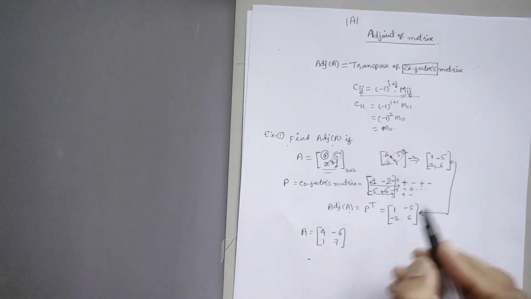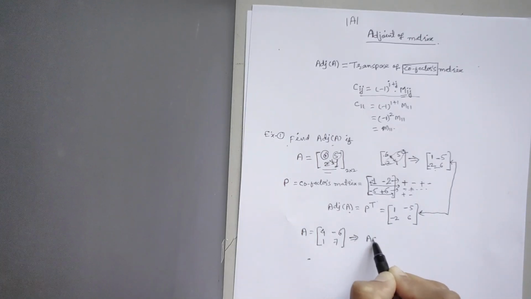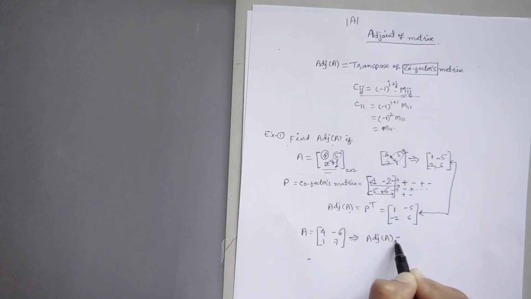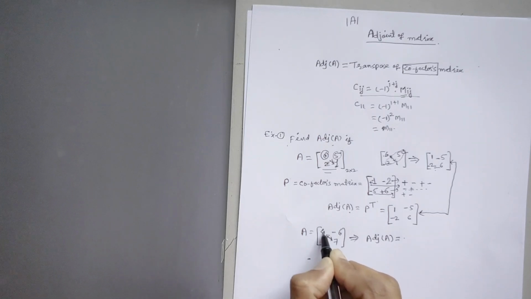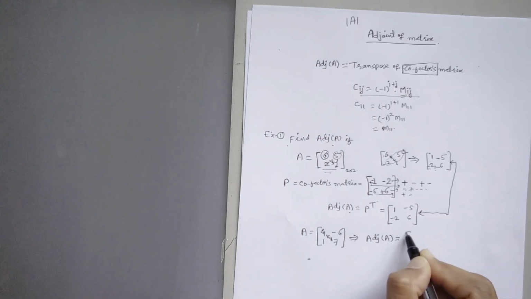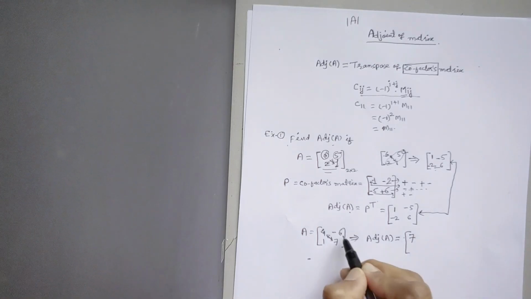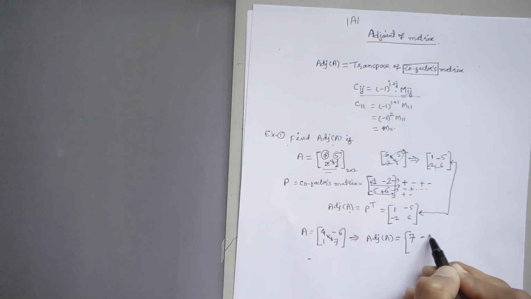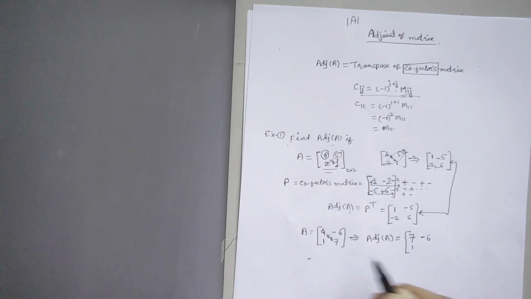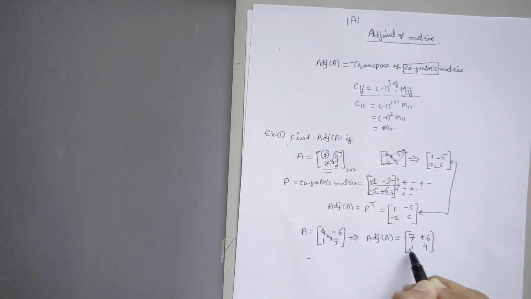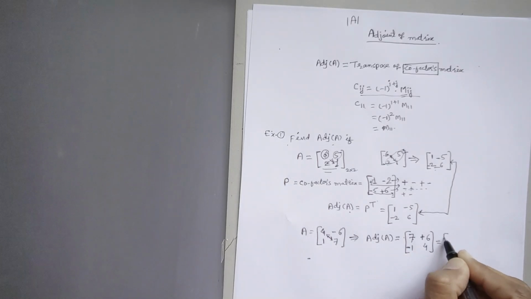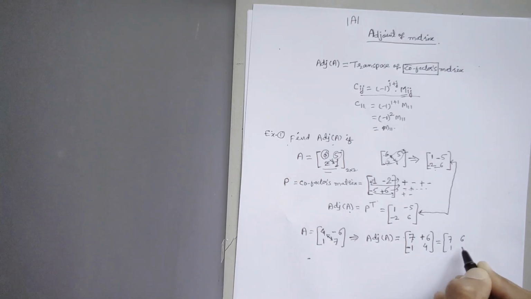From this trick I directly write the adjoint of A. I just interchange these two diagonal elements, so here I write 7, this -6 stays as it is, the 1 stays as it is, and here I write 4. I interchange the diagonal and change the sign of these two: this is minus, I make it plus; this is plus, I make it minus. So simply my adjoint matrix will be 7, 6, -1, 4.